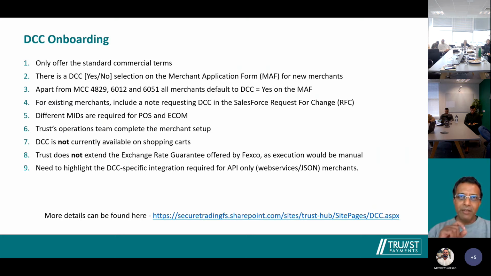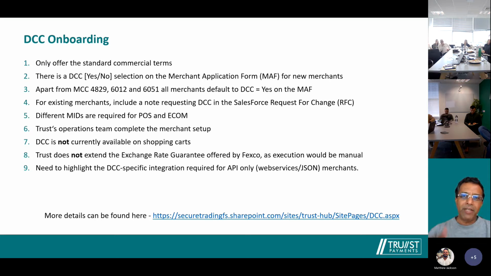if a merchant is connecting to us via the API only method, which I guess is possible with Tru SME merchants, they have to build the integration, including the DCC API calls. So there is an additional integration to standard checkouts for DCC. And I think in the past, that's been missed.